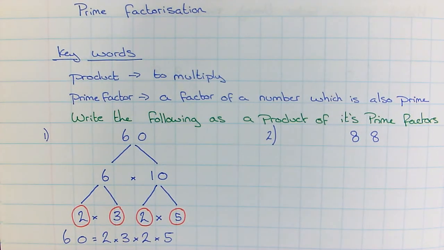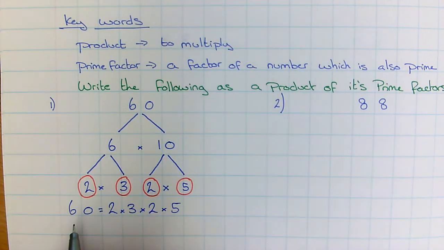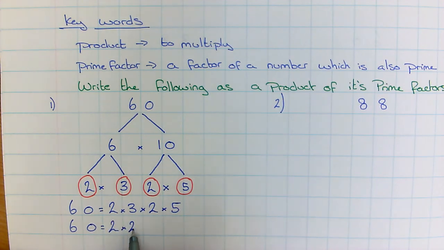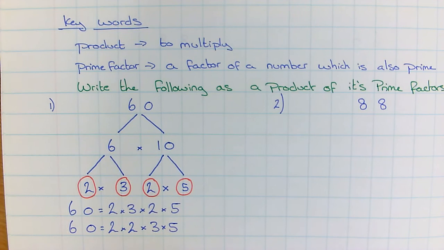Now you can write it like that, but a better way to write it would be to put the numbers in order of numerical value: 2 times 2 times 3 times 5, like so.